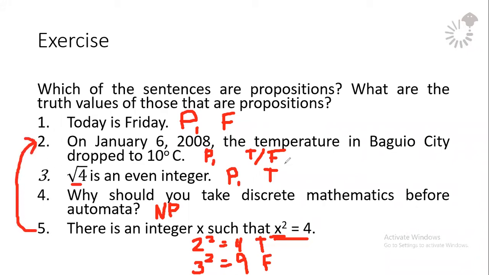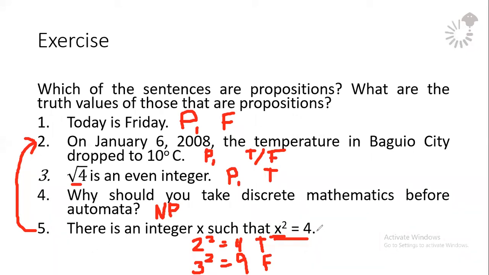If we compare this one to this one, sa ngayon, hindi natin alam kung true or false siya. Pero we can check that it's true kapag chinek natin yung weather system noong August 6, 2008. We will know if it's false if chinek natin yung weather noong January 6, 2008. So definitive na true, definitive na false.